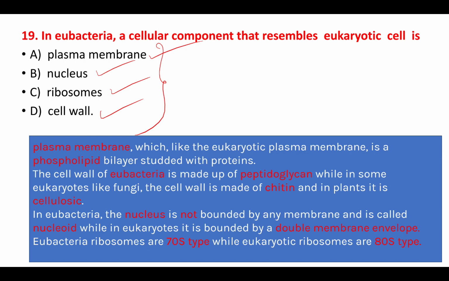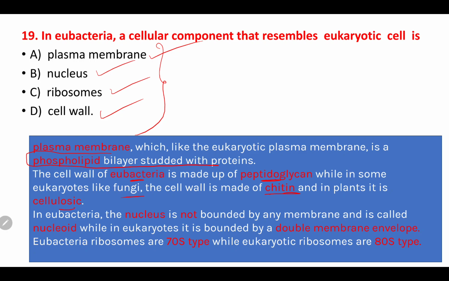Because they both are made up of phospholipid bilayer with proteins. And the cell wall of eubacteria is made up of peptidoglycan, while in some eukaryotes like fungi, the cell wall is made up of chitin and plant cell wall is made up of cellulose.